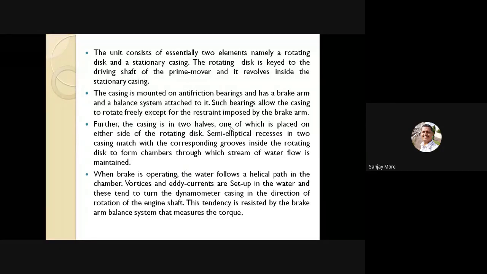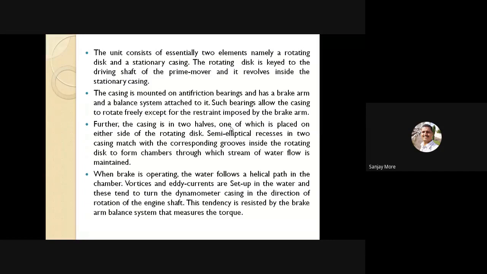When the brake is operating, the water follows a helical path in the chamber. Vortices and eddy currents are set up in the water, and these tend to turn the dynamometer casing in the direction of rotation of the engine shaft.